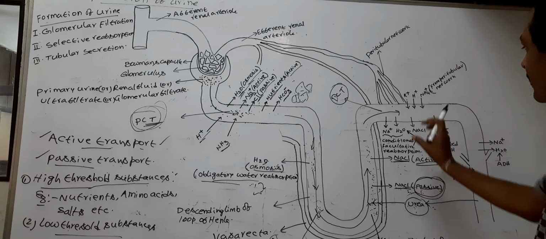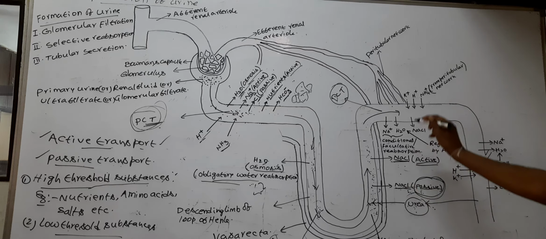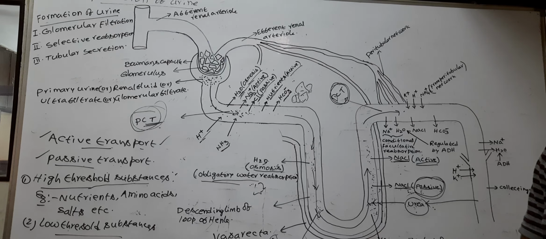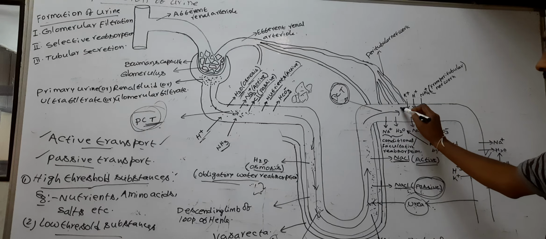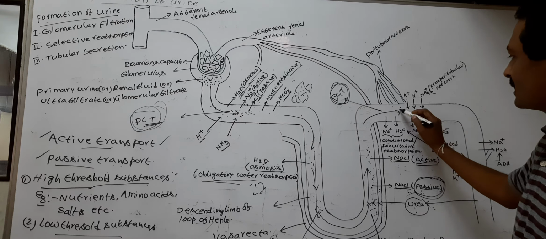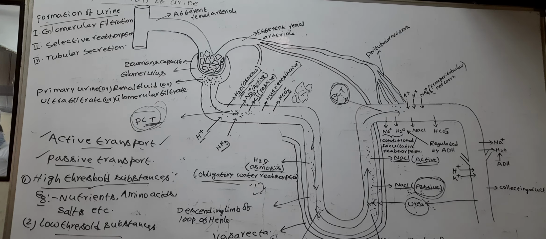A little amount of substances are reabsorbed through the distal convoluted tubule. So reabsorption in the DCT is minimum. First we discuss reabsorption in the distal convoluted tubule.